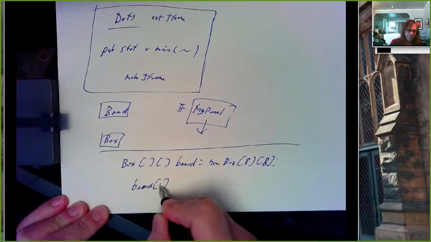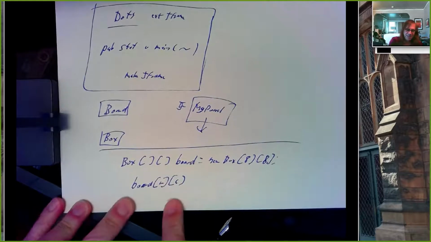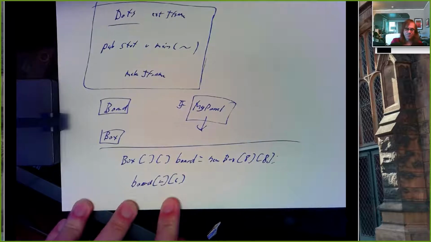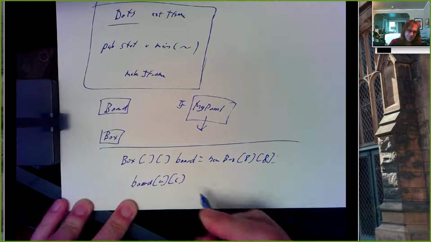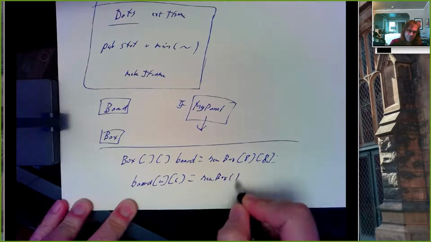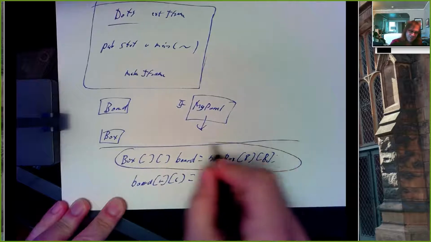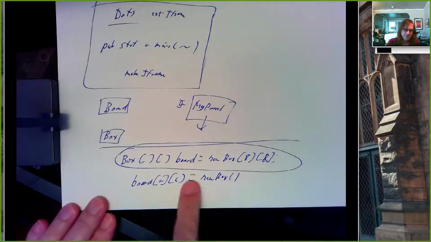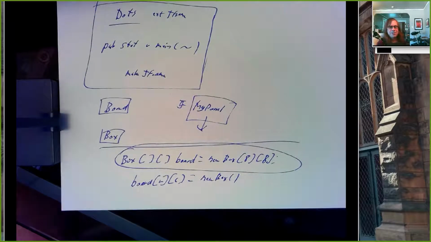And you can say board, bracket row, bracket column, and that thing is a box, but it's not a constructed box. It's null. So before you can use this, you need to do this thing equals a new box. So after you declare this array, pretty quickly you want to make a pair of nested loops, go from 0 through 7, and construct each of the elements of that array, set it equal to a new box.